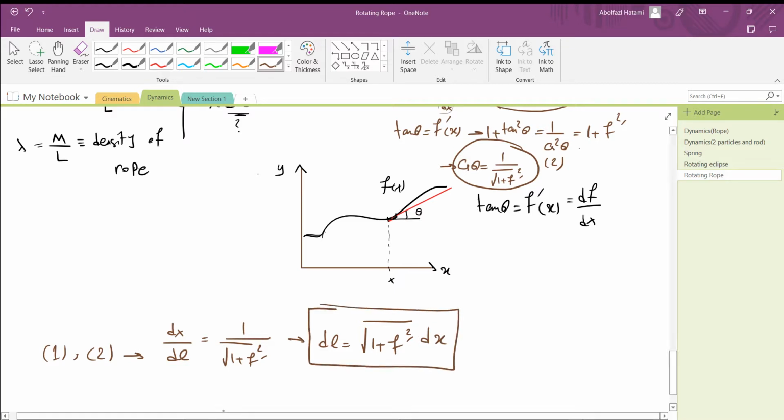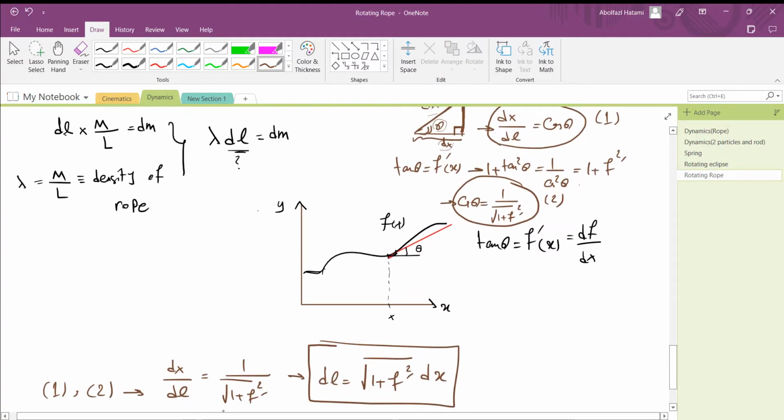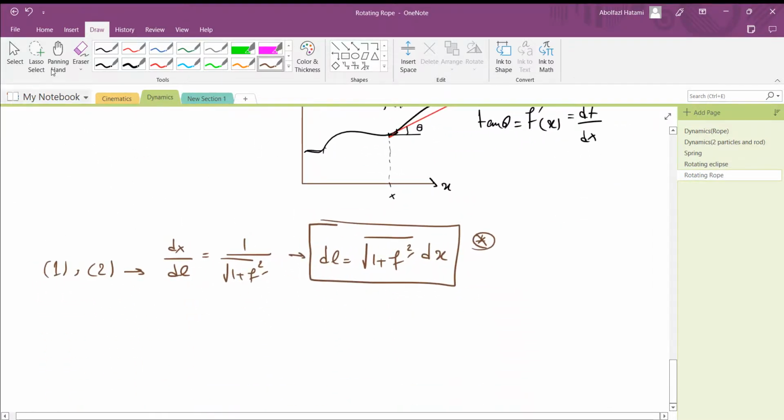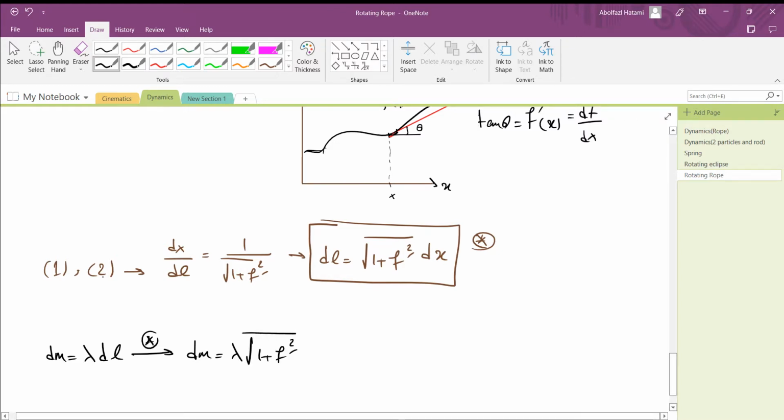We found this in terms of x and f of x. I will call this the star equation. We understood before that dm is lambda times dl, and by the star equation dm is just lambda radical 1 plus f prime squared dx.